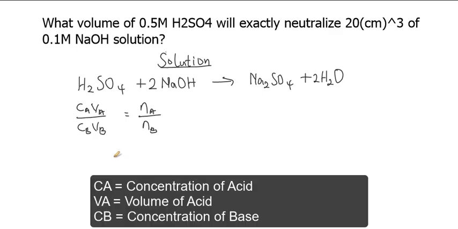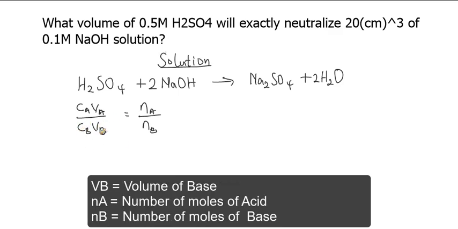Here Ca is the concentration of acid, Va is the volume of acid, Cb is the concentration of base in mole per dm³, mind you. Then Vb is the volume of base. Na is the number of moles of the acid used, while Nb is the number of moles of base used.